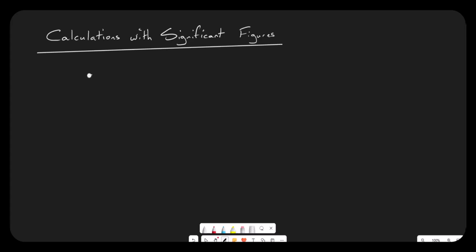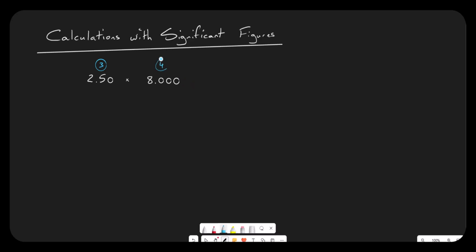So if I take these two numbers, 2.50, and I want to multiply that by 8.000, I can do this. So the first value, 2.50, this has three significant figures. The second number, 8.000, the zeros are significant because they're on the end.